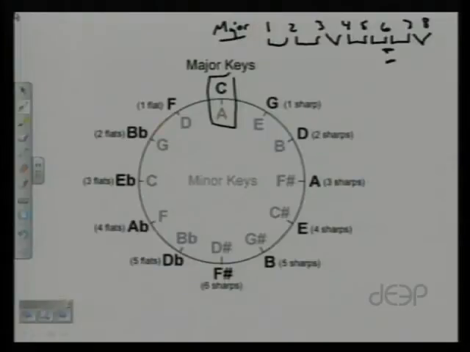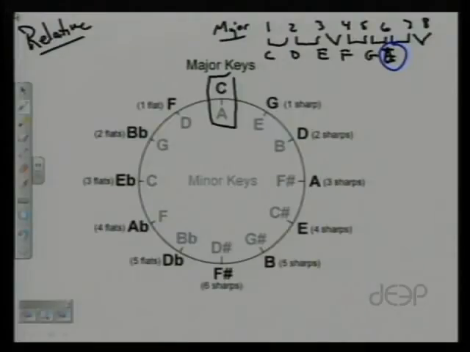Now, using our circle of fifths, we can see that the circle of fifths gives two letter names as being a major key and a minor key. These would be what we call relative keys. C's relative minor is A, and if you think of a C major scale, C, D, E, F, G, and there it is, A is the relative minor of C. And trust me when I tell you that works for all of the various relative minors throughout the circle of fifths.